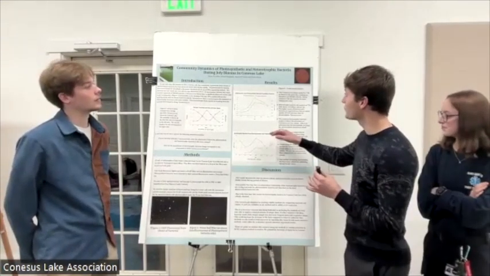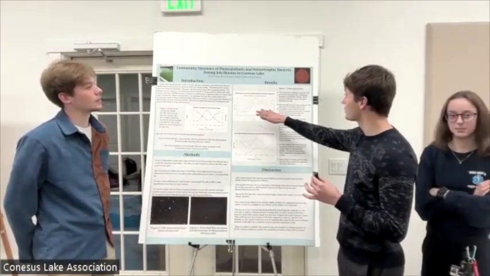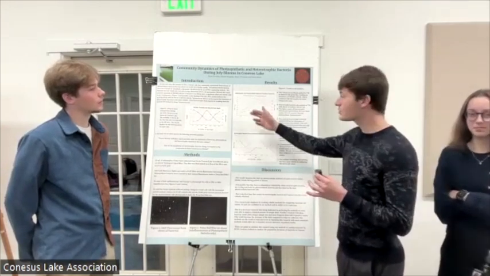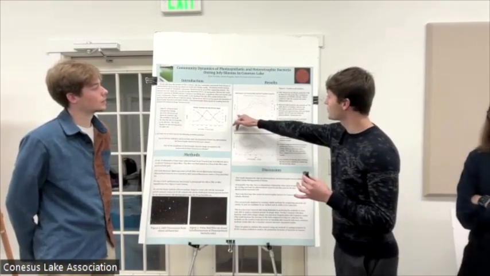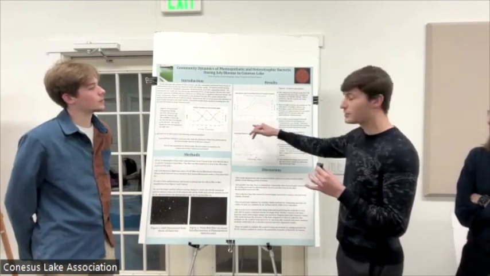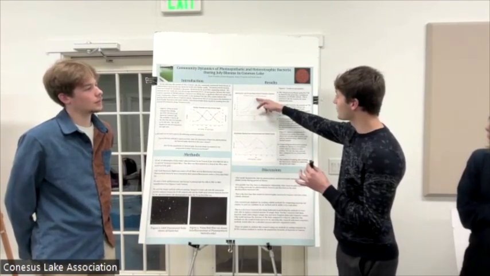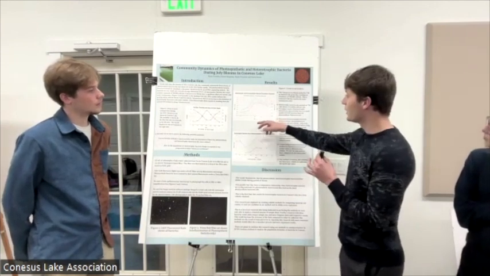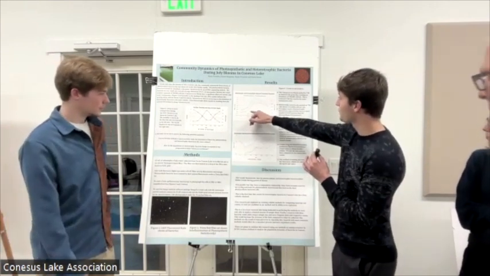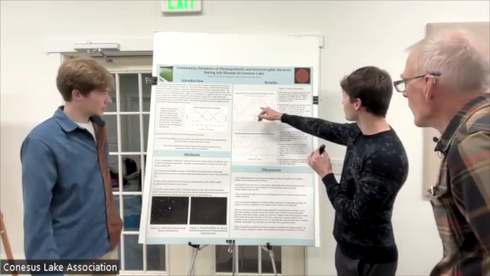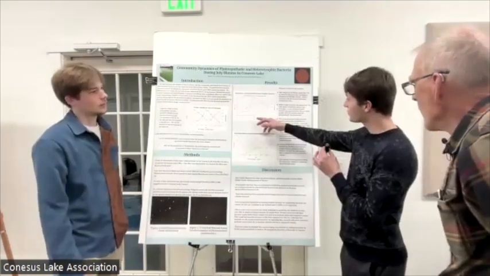All right, so here are the results of our new method of counting using the filters. On this graph, it is the heterotrophic and photosynthetic bacteria by millions of cells. On the left axis, this is millions of cells for the heterotrophic bacteria. You can see them in the blue, and they peak at about 1.8 million cells per milliliter at 720. And then the green here is the photosynthetic bacteria, and they peak at about 220,000 cells per milliliter at 720.